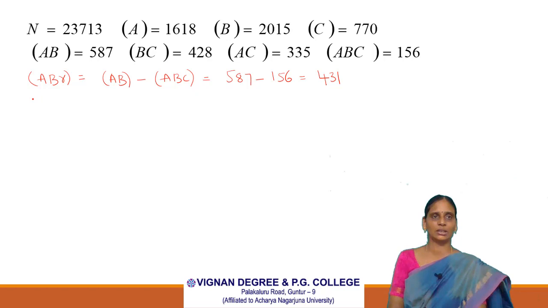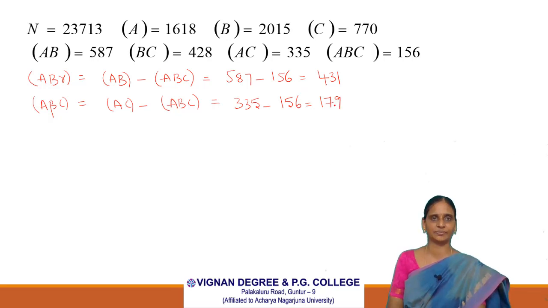So after that we have to find out the next third order ultimate class frequency, that is frequency of A beta C. A beta C can be written as frequency of AC minus frequency of ABC. So the value of frequency of AC is 335 minus frequency of ABC is 156. So 335 minus 156, this is 179.